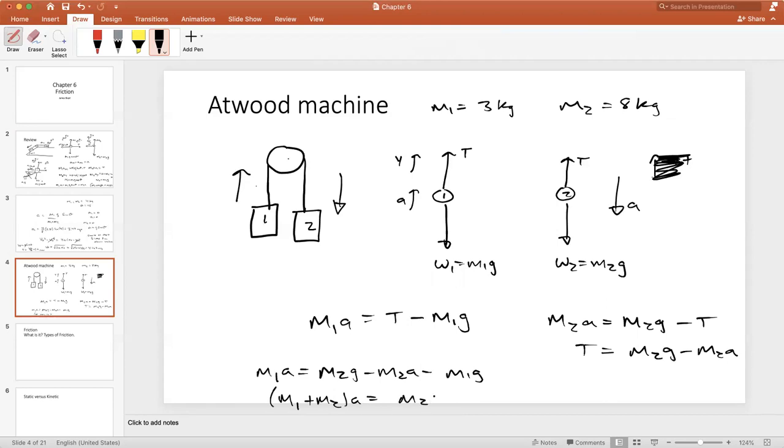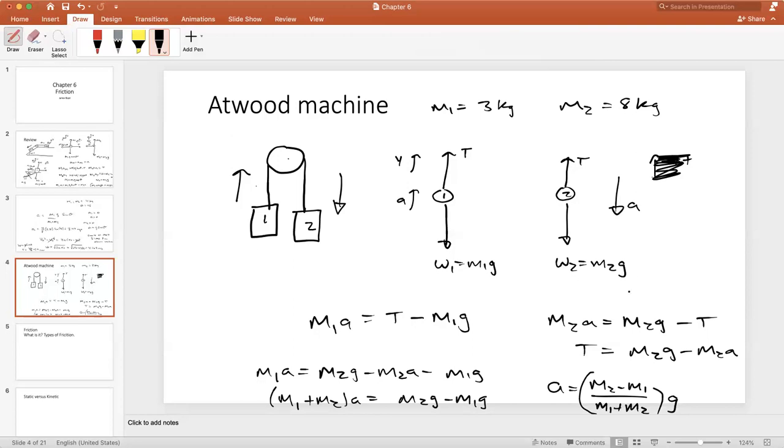That is m2g minus m1g, or better yet, A is m2 minus m1 over m1 plus m2 times g. Okay? Had you not been consistent with your acceleration, this might end up inconsistent. So be consistent. Make A go positive around the rope, along the rope, I should say.